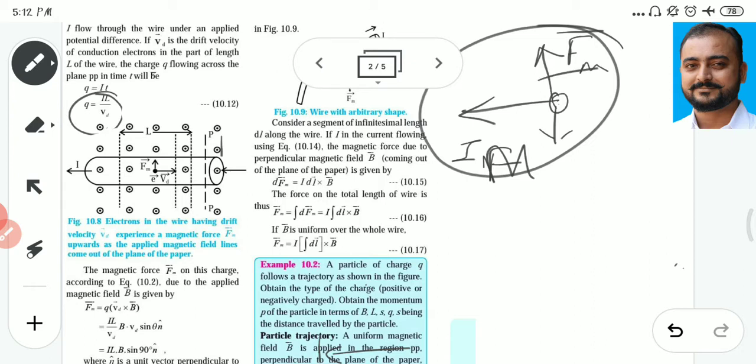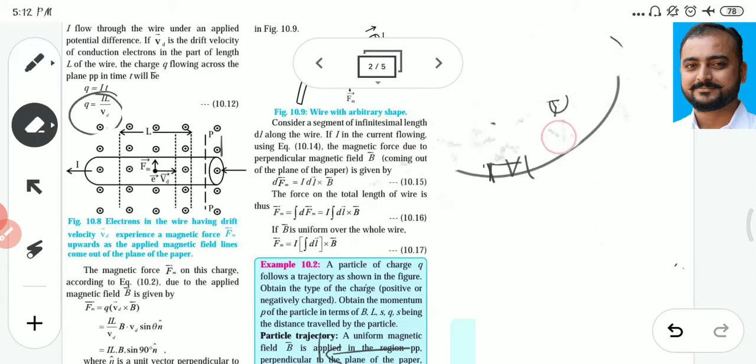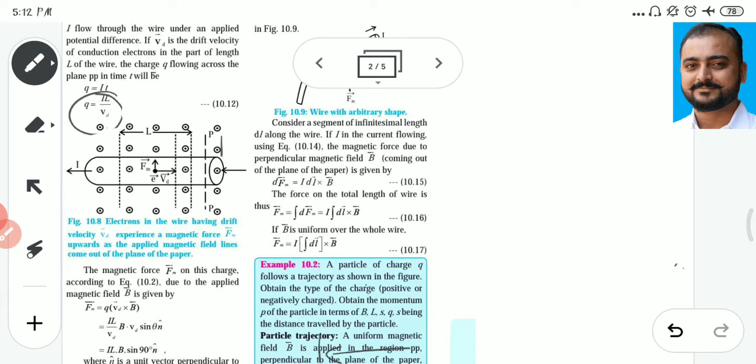Then by applying the simple formula for force acting on a charge, that can be given by charge multiplied by velocity, that is drift velocity, multiplied by magnetic field induction.